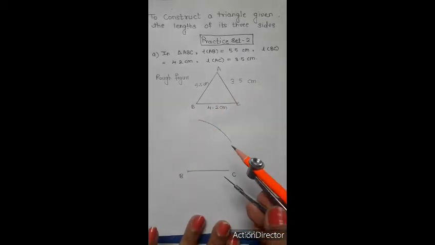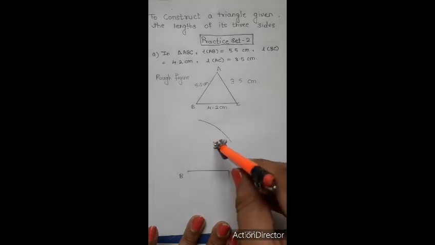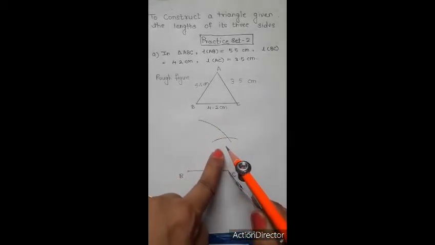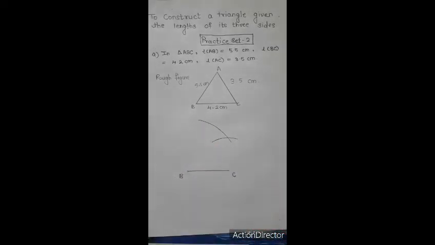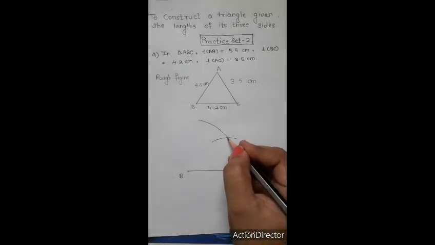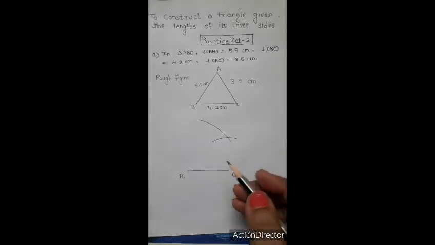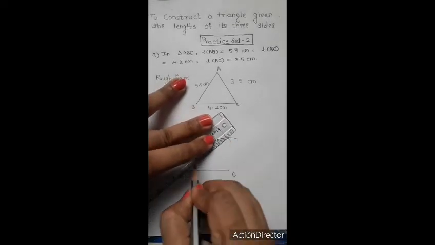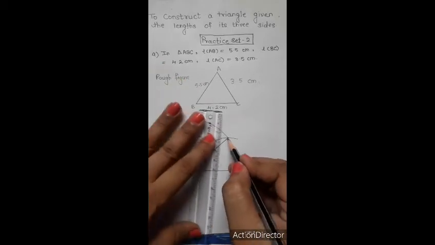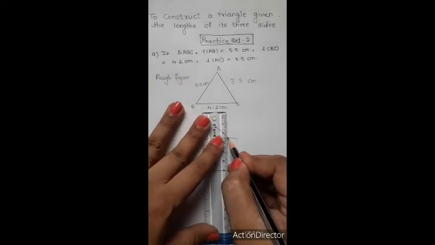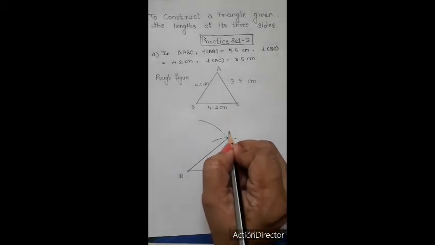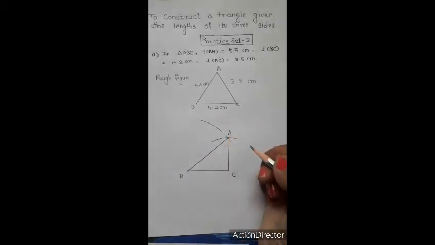Lift the compass, place the pointer on C and draw the arc which intersects the previous arc. Now this intersecting point of these arcs you have to join using the ruler or scale. And this will be our point A.